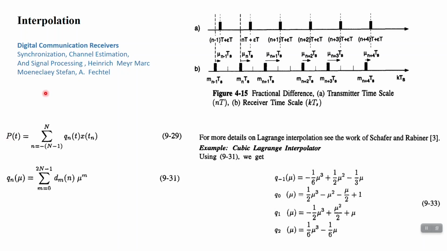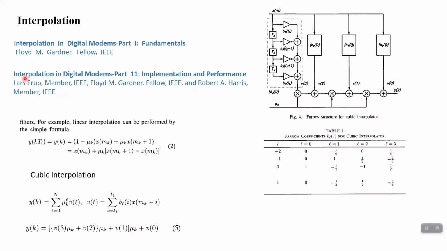More detail is available in this book by Meyr. But for hardware implementation, you can use this structure for cubic interpolation. It's known as a Farrow structure.